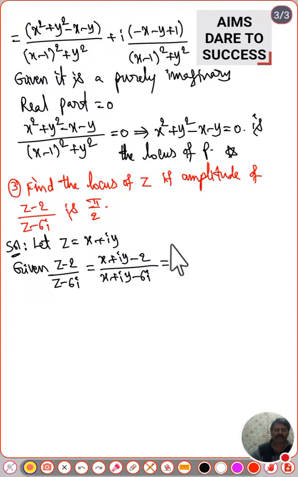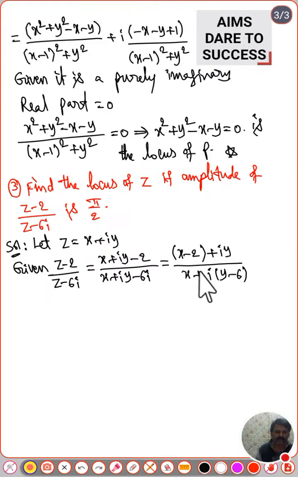Write the real part as well as the imaginary part separately. So in the numerator, x minus 2 is the real part plus iy; in the denominator the real part is x, plus i common, remaining value y minus 6.